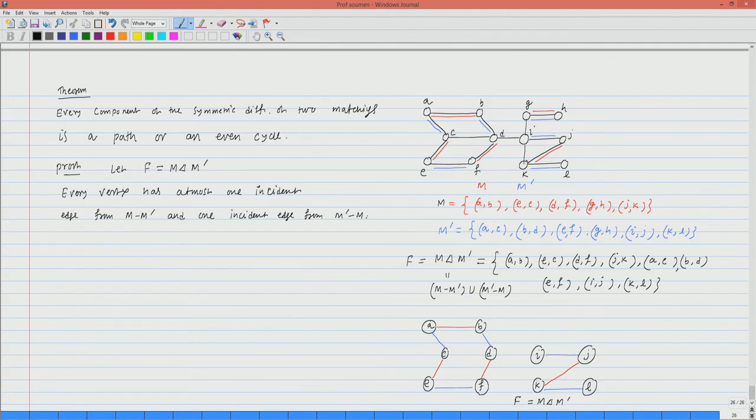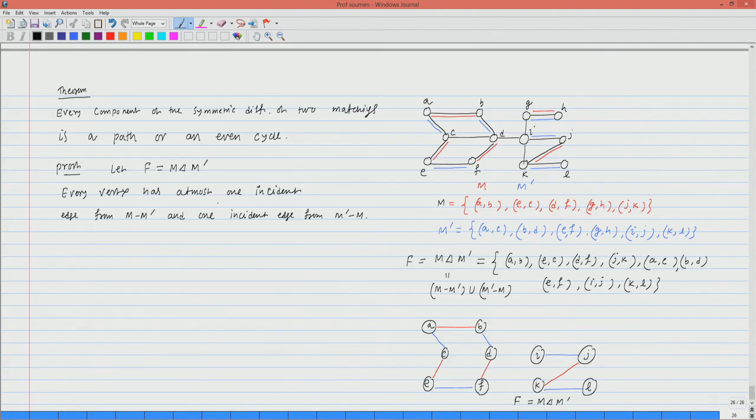Let me at least explain this line from this example. Look at a vertex, it has at most one edge from M minus M prime and one edge from M prime minus M. So, that is what it says.